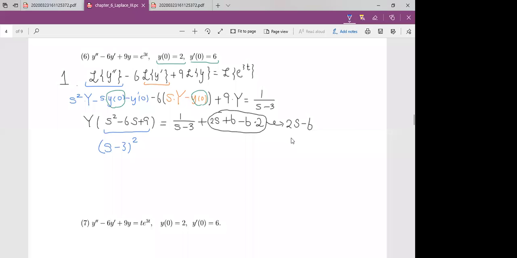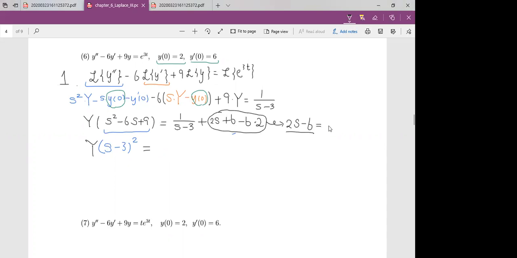Now look at the equation. You see copies of s minus 3 squared, and then two copies of s minus 3 in the left-hand side, and then your right-hand side is 1 over s minus 3, and then look at this.